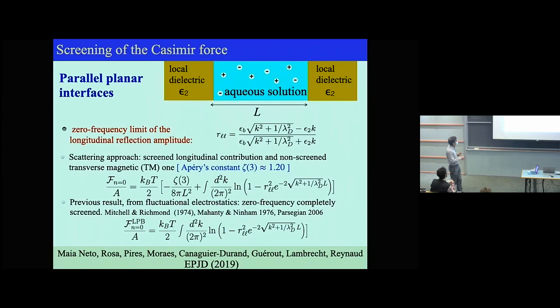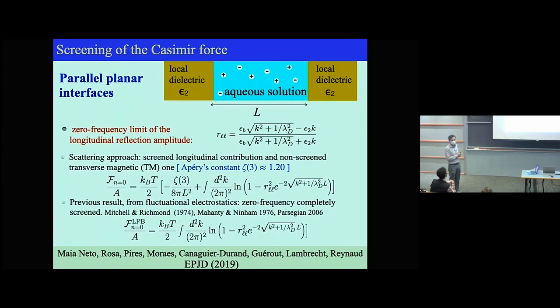And the other, it's familiar. Umar has just written this before in our previous talk. This is the contribution of transverse magnetic modes, which is also there, and turns out to be the same as if I had metals here, and vacuum or any other dielectric in between.